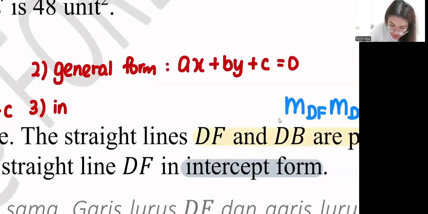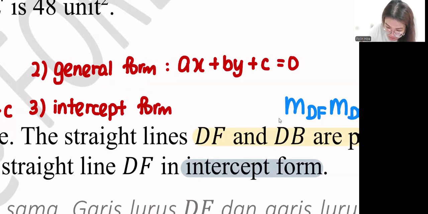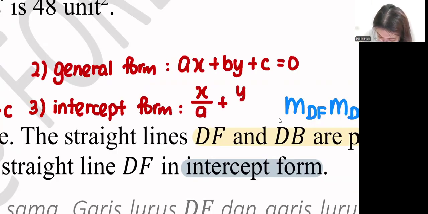Third one will be intercept form. X over x-intercept, the formula is A 啦，他们用 A 哈 plus y over y-intercept equals to, wait for you.